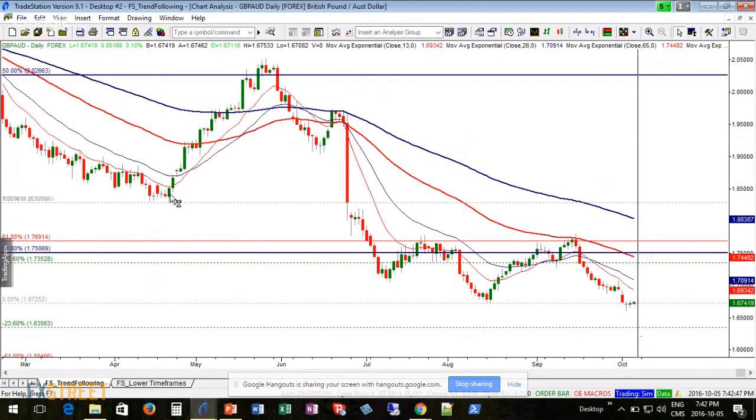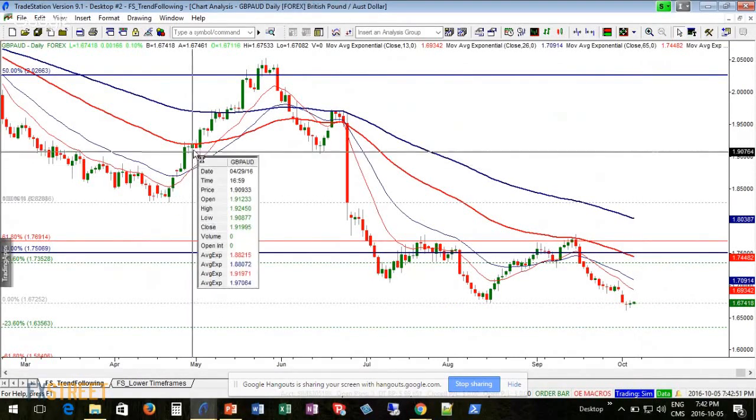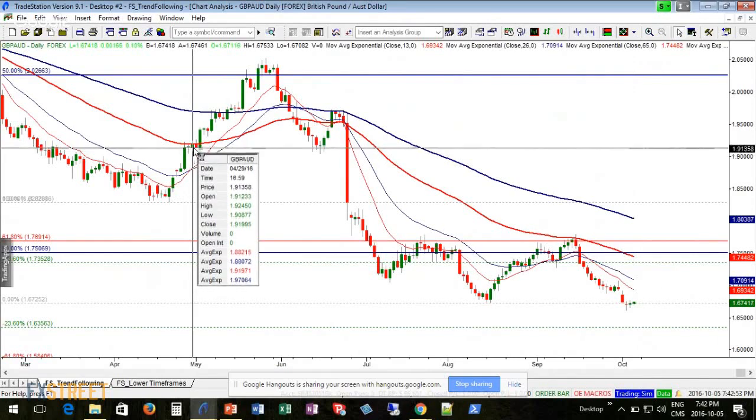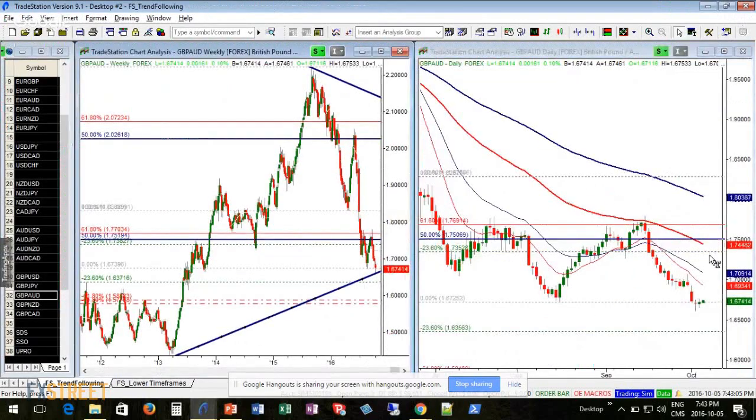And don't forget that this market can move a lot, 188 to 191.35. So we talk about 250 pips in one day here. That's the kind of moves that we can get in this market. All right, and this concludes the review for the pound versus Australian dollar.